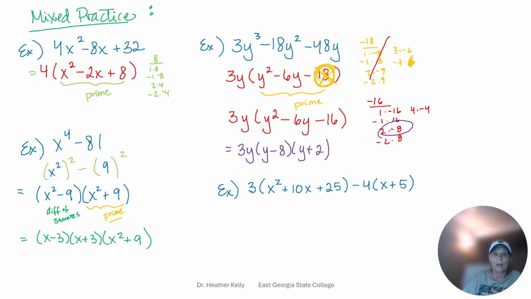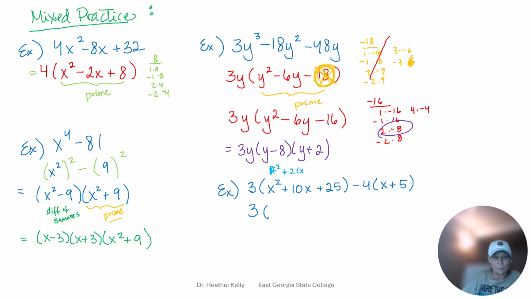You could multiply this through and get it all together to be a brand new problem and then factor it from there. But here it's depending on the fact that you know that x squared plus 10x plus 25 follows this pattern of x squared plus 2... I should have done it with an F here.